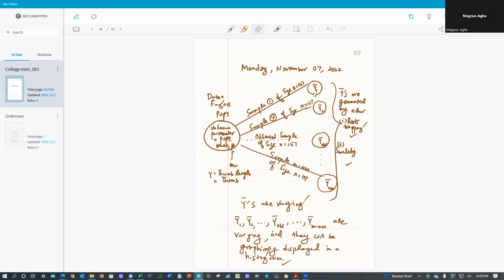How do you generate this? By bootstrapping or simulating. We talked about two methods even last week. The y bars are varying: y bar 1, y bar 2, y bar obs, the observed value. With M equals 1000 they are varying and will be graphically displayed in a histogram. You know how to do the bootstrapping, the simulation, and how to draw the histogram.